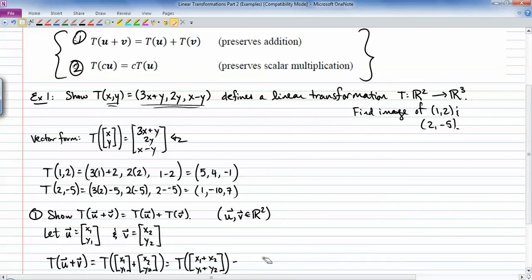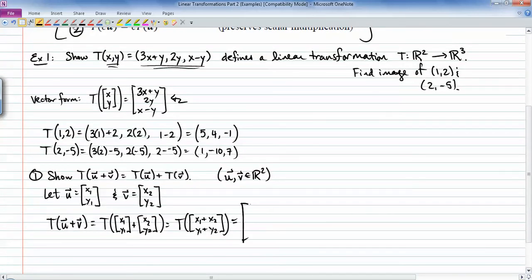I need this to be bigger because it's going to be 3-dimensional. So this is going to be 3(x1 + x2) plus the bottom term. And then 2 times the y term, which is the bottom term. And then the top term minus the bottom term: (x1 + x2) - (y1 + y2).